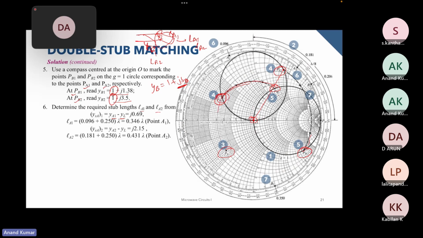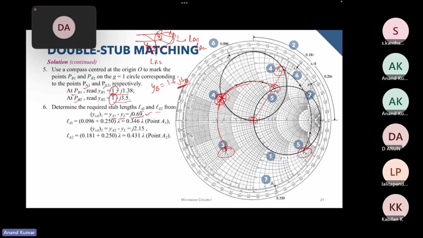If you take the difference, the amount of imaginary part we had to add was 0.69. Because we were moving on the constant r value, the imaginary part we were changing, right?